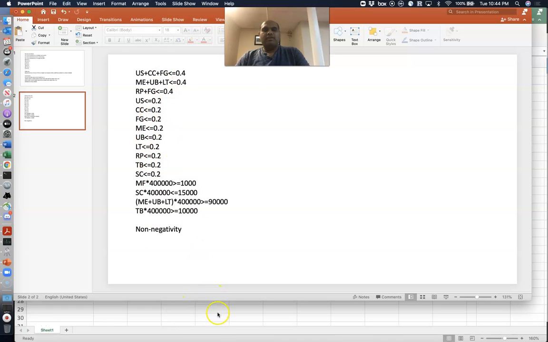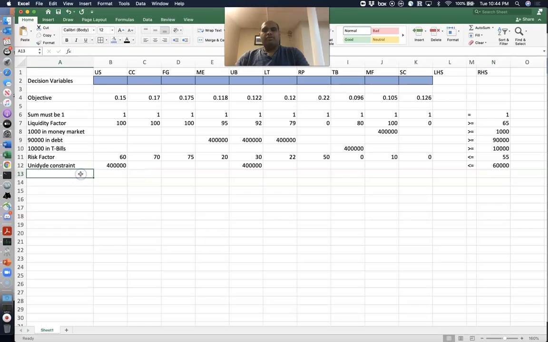The next constraints on the list are the category constraint and the individual stock constraints. Let's write the category constraint first: no more than 40,000. So you're saying that stocks have to be less than 40%.